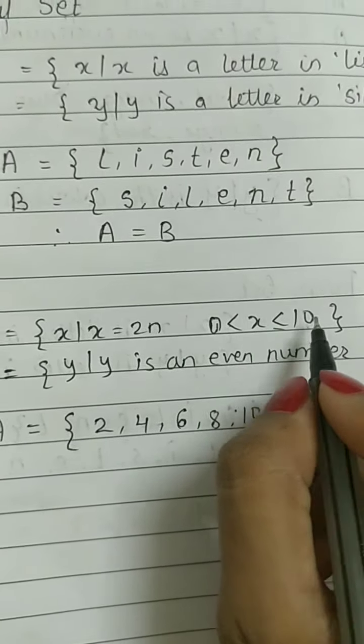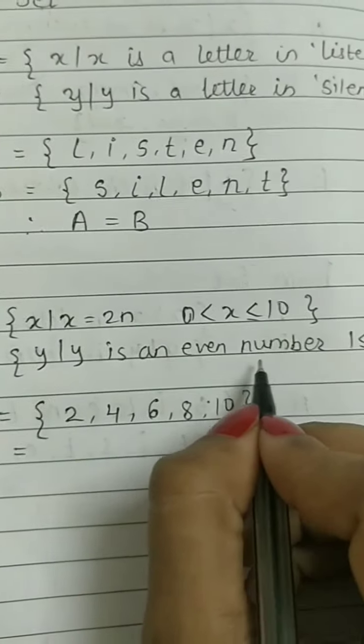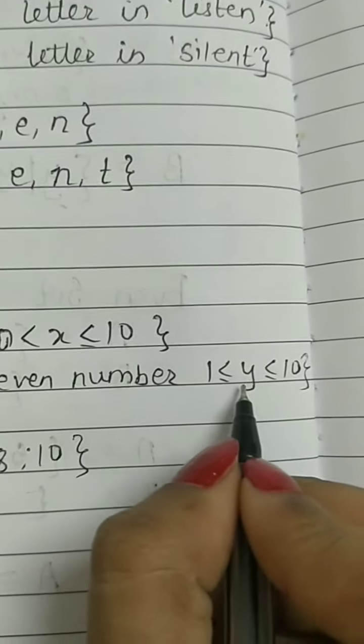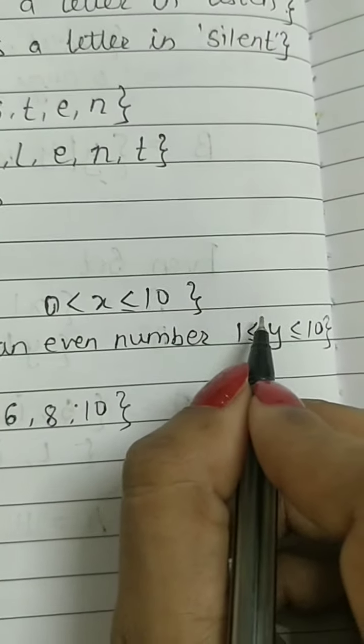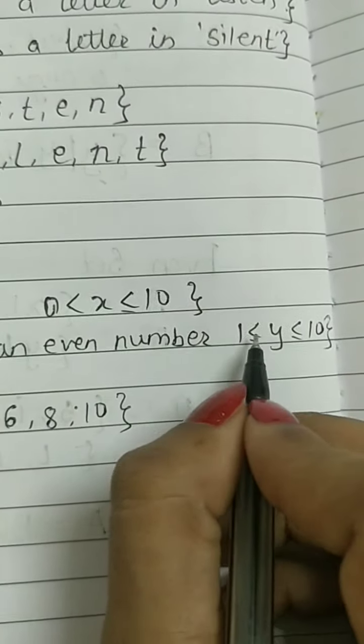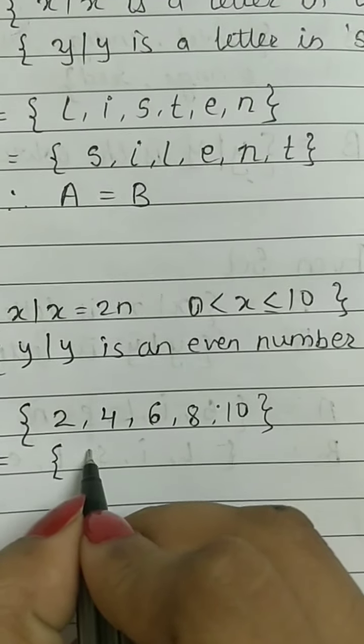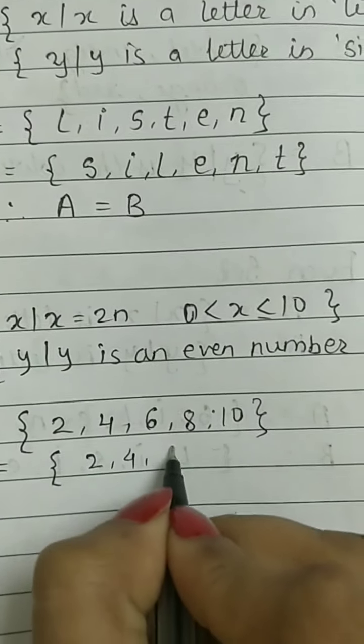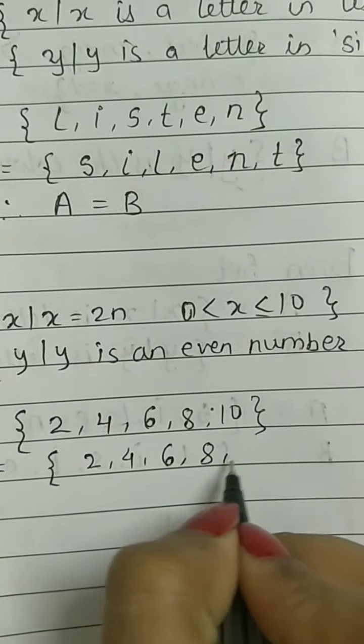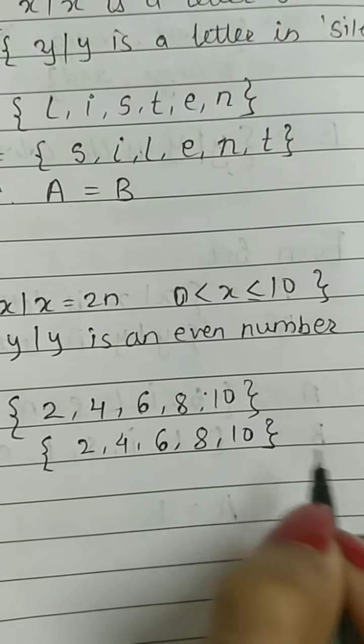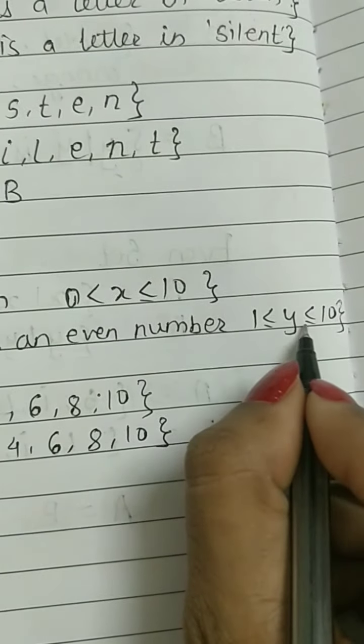Now let's write about the set B. Set B is all the y such that y is an even number and this y is greater than or equal to 1 and less than or equal to 10. So all the even numbers between 1 and 10. That means 2, 4, 6, 8, 10 and that's it. Less than or equal to. Okay.